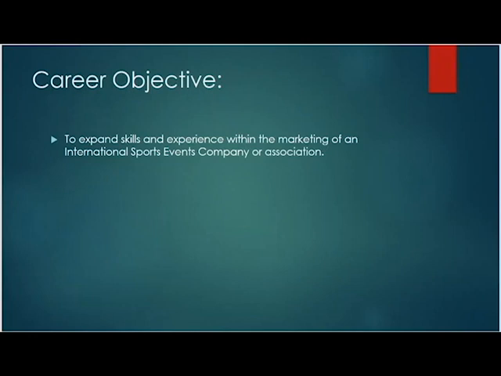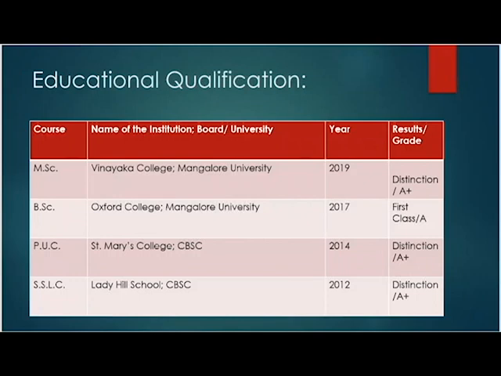You can say, to expand skills and experience within the marketing of an international sports events company or association. It all depends on the post which you are going to apply for. And then you will write your educational qualification.